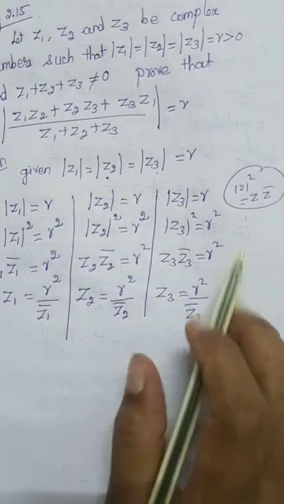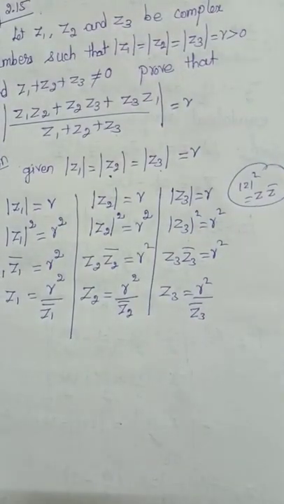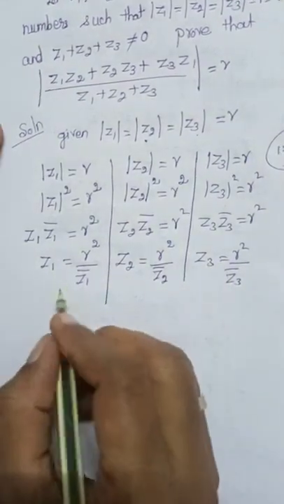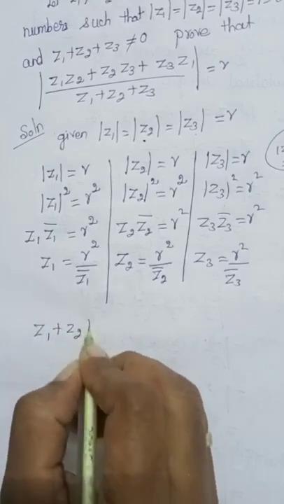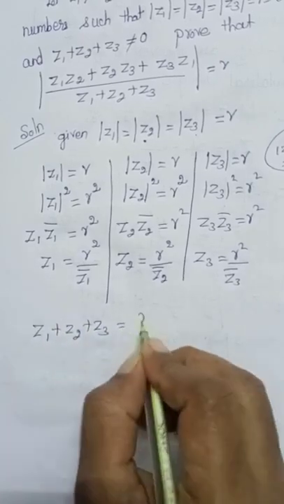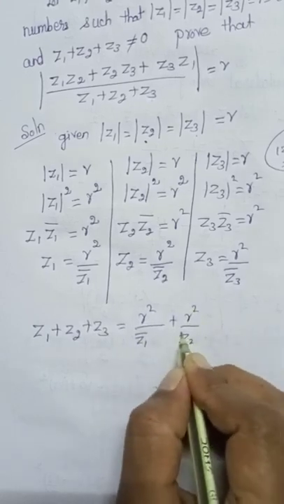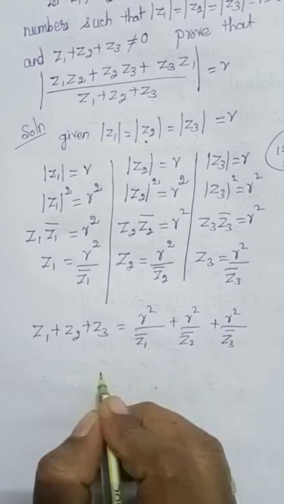Similarly, Z3 will be equal to R square by Z3 bar. Isn't it? Now, I am going to add these 3. That is Z1 plus Z2 plus Z3 is equal to R square by Z1 bar plus R square by Z2 bar plus R square by Z3 bar.